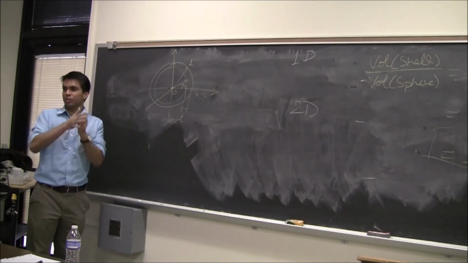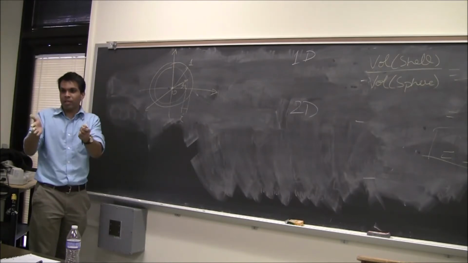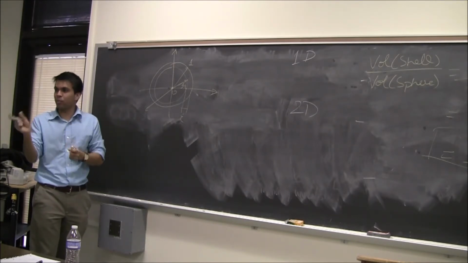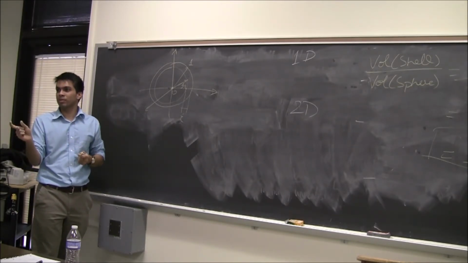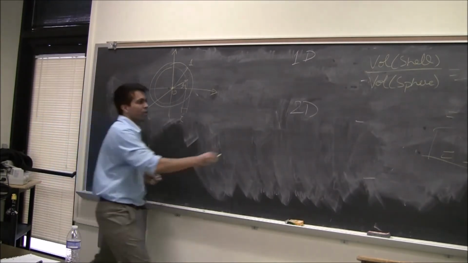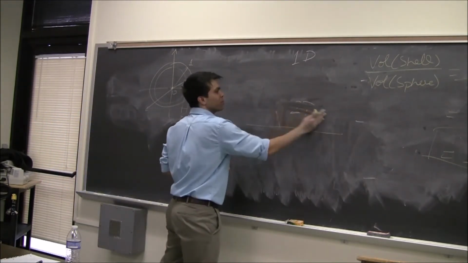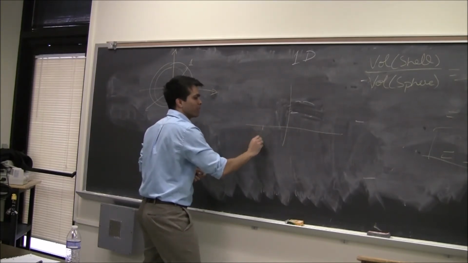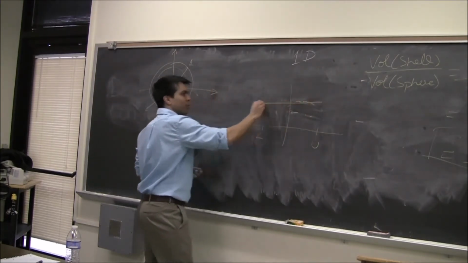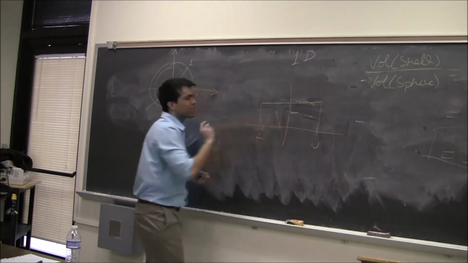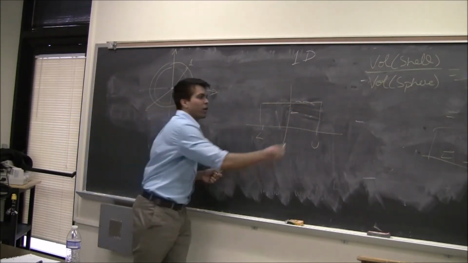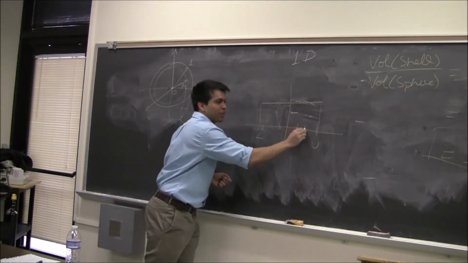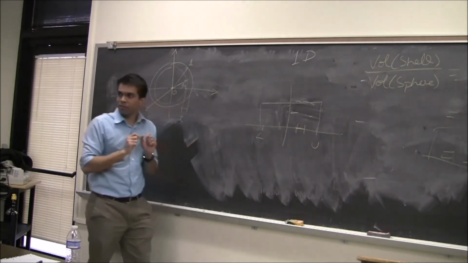If I sample uniformly in the space, then how many points I get in a region is proportional to its volume. Does that make sense? So think of a uniform distribution in one dimension, right? It's between some points L and U. It's a uniform distribution. This is what the density function looks like. And if you ask me the question, how many points are expected to fall within this interval, it's the length of that interval.